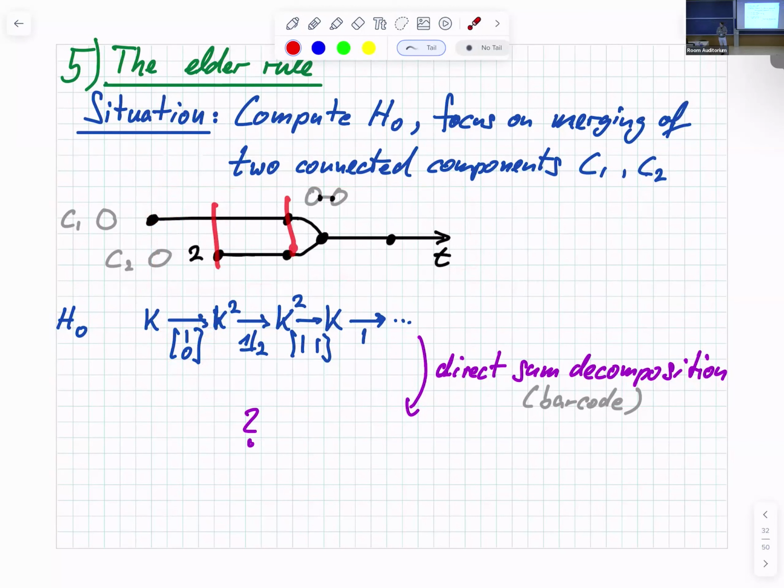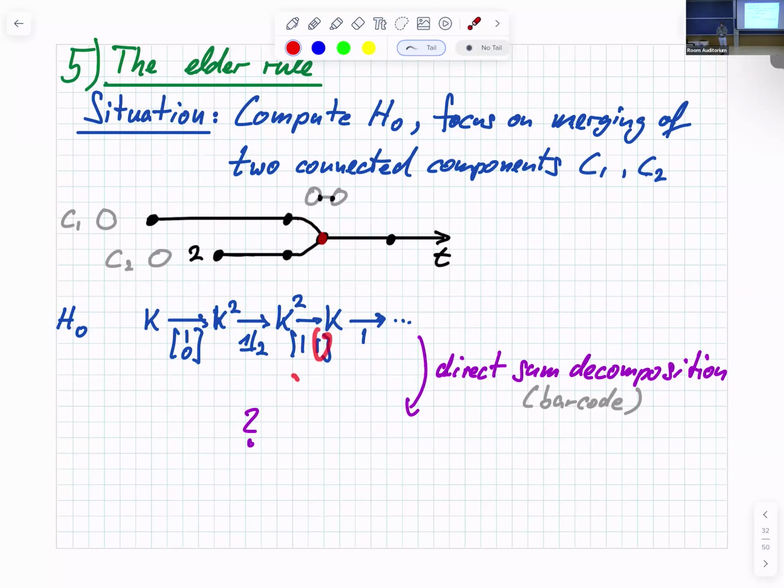So if they live on in parallel for some time, I go on with k squared, and I have identity between them. And then what happens if we merge the two components? From k squared, I go down to k, and the two components are merged into one. So the first basis element is mapped onto the basis element here, and the second basis element is also mapped to the basis element here.